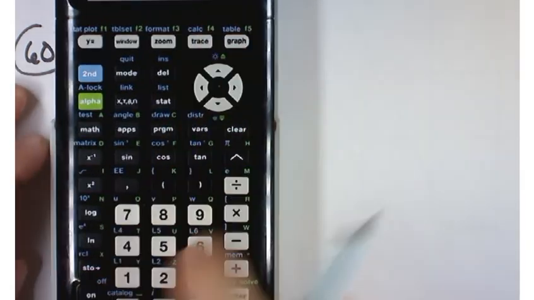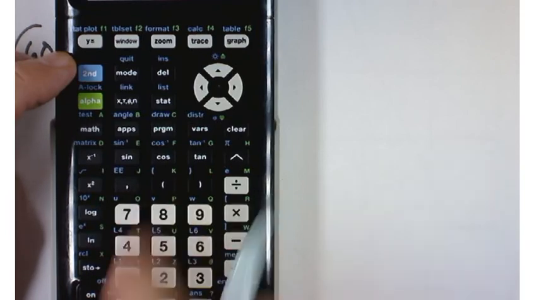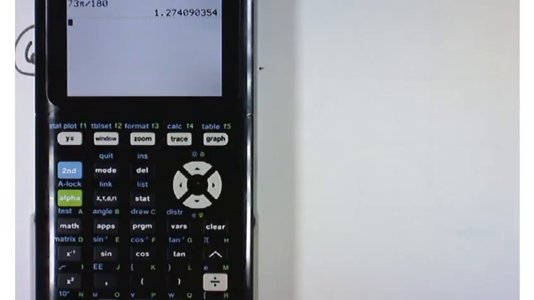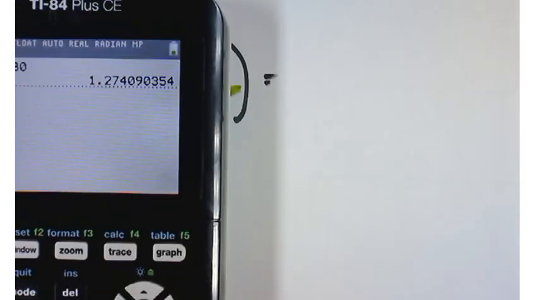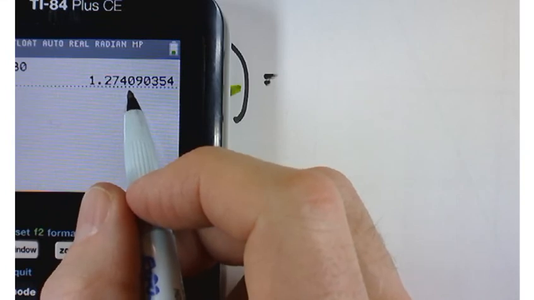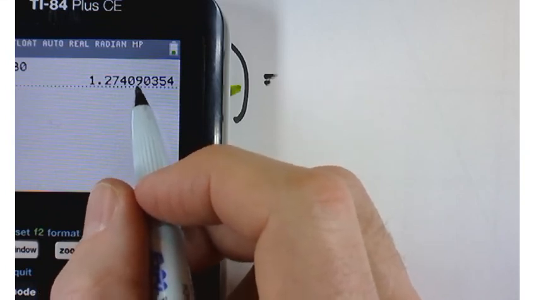But as far as your calculus is concerned, pi is right above the up arrow key here. So we want 73 pi divided by 180, and you're going to get this ugly looking decimal, but that's our answer. If I rounded that to the nearest 10,000th place, the 10,000th place is a 0. You look to the right, since it's 5 or more, we'll round up.